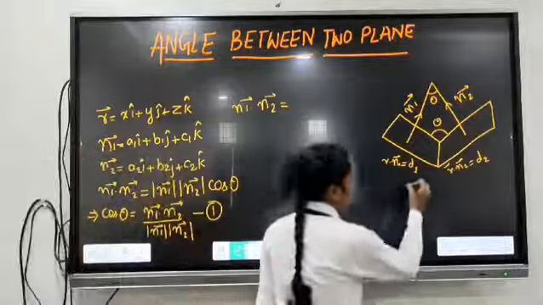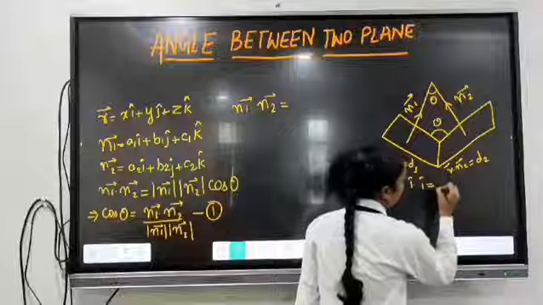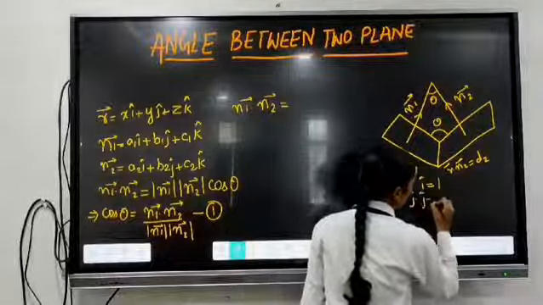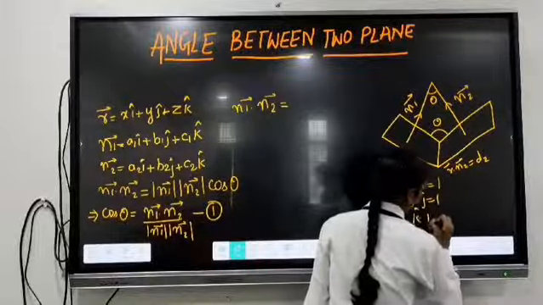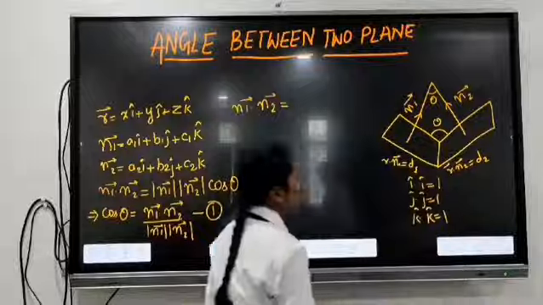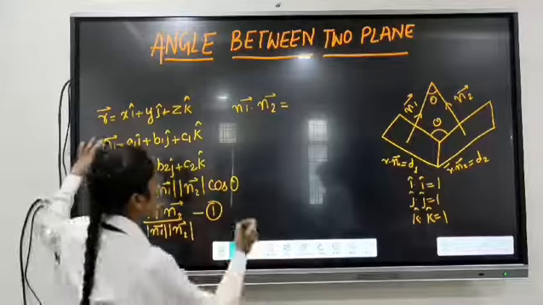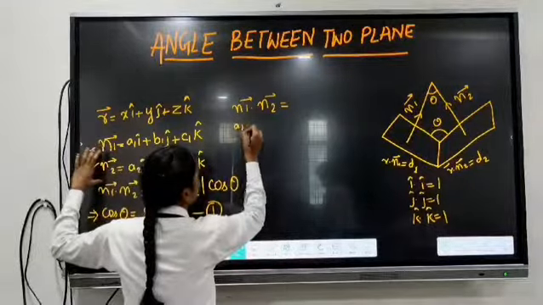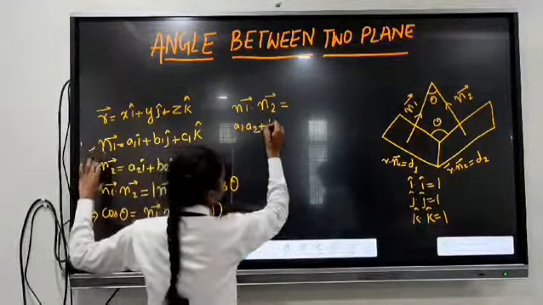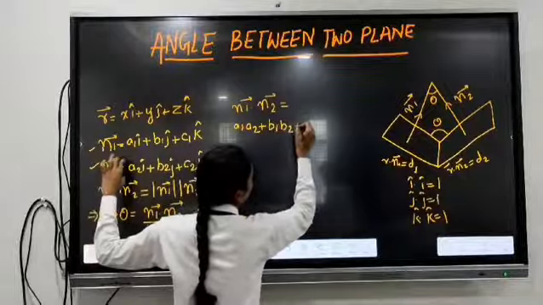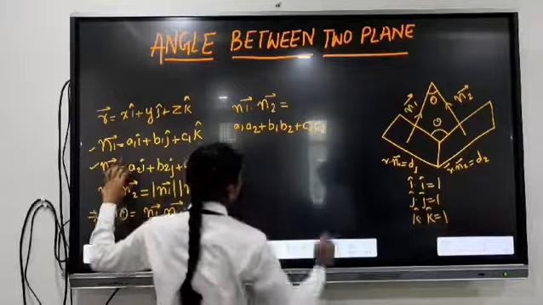It means that i dot i is 1, j dot j is 1 and k dot k is 1, and in all other cases the dot product of dissimilar vectors will be 0. So when you take the dot product of these two vectors, you will get a1 a2 plus b1 b2 plus c1 c2.